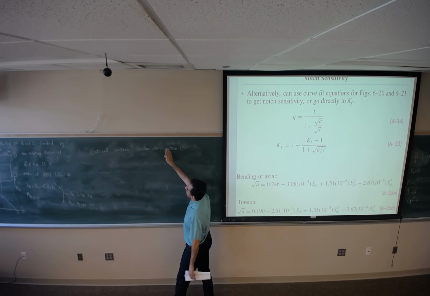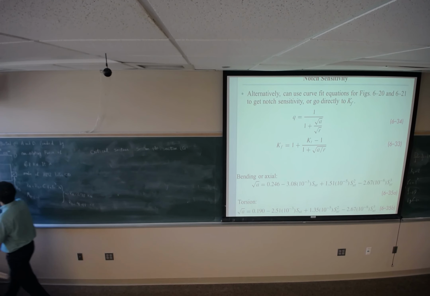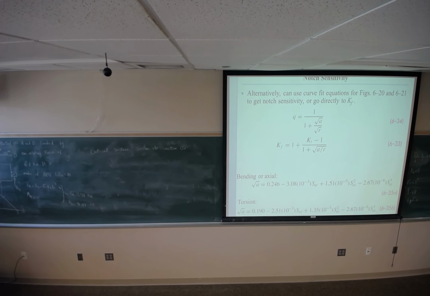So we are going to have 3 candidates, and why 3? Because section B is going to be the smallest diameter, so section B should be studied. Section E should be studied because it's going to have the greatest bending moment.